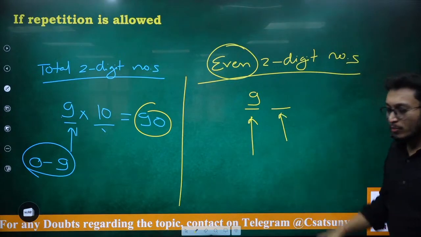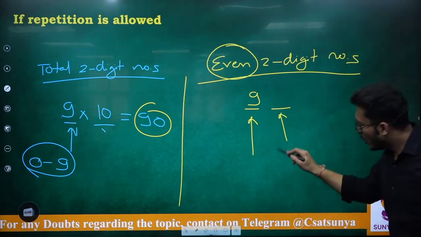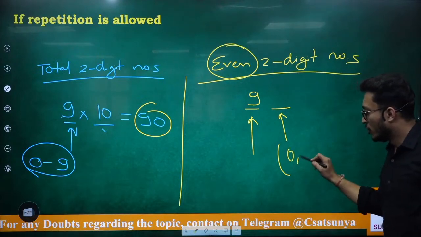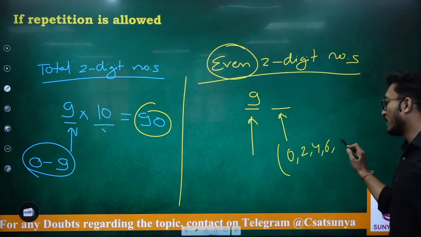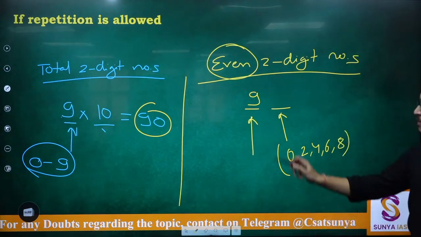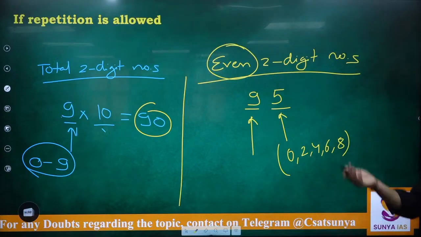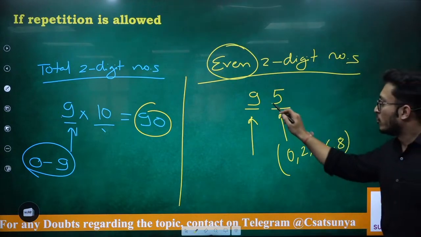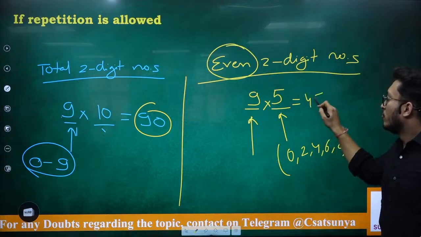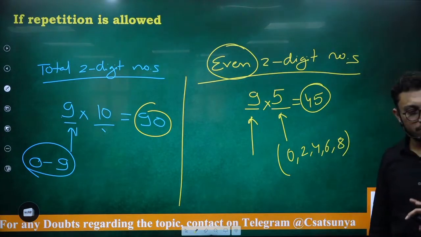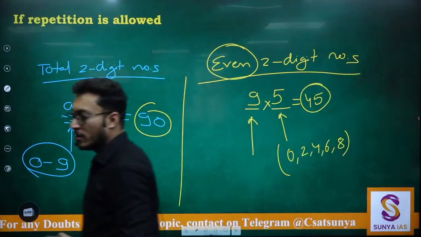So if the number should be even, how many digits do I have here which I can fill? I have 0, 2, 4, 6 and 8. So in total 5 options. I cannot fill it with any other digit, else it will become odd. So in total I have 45 even numbers. Easier?